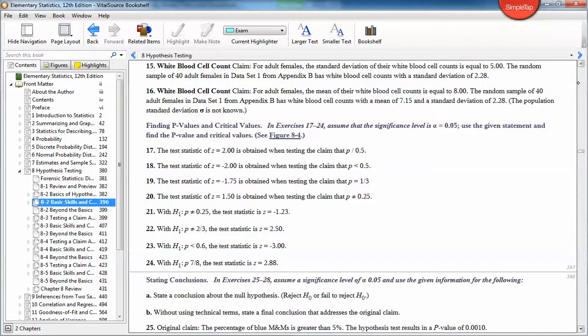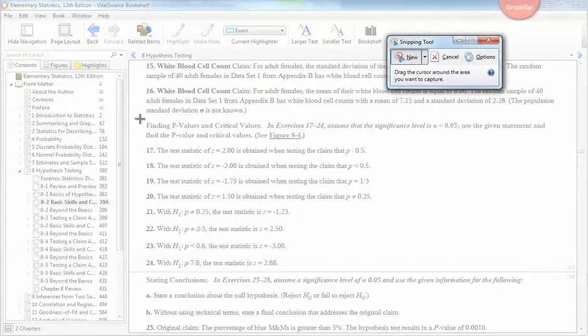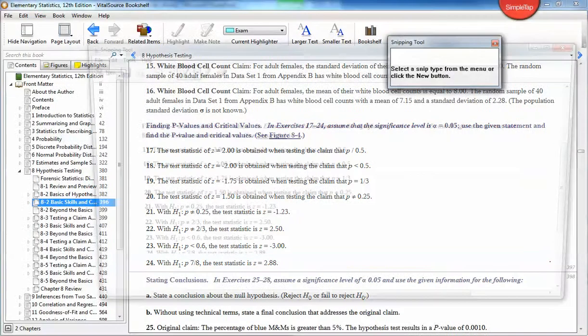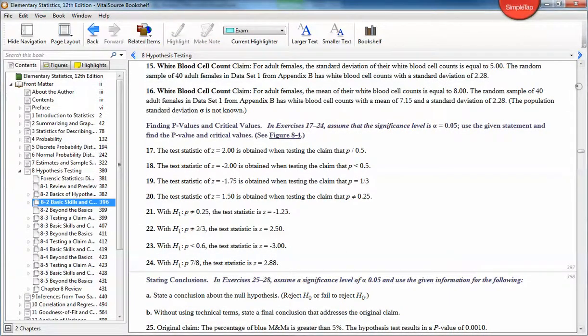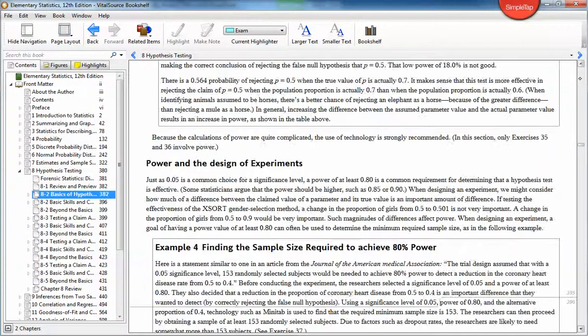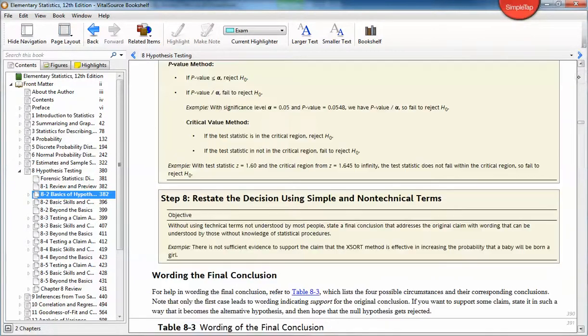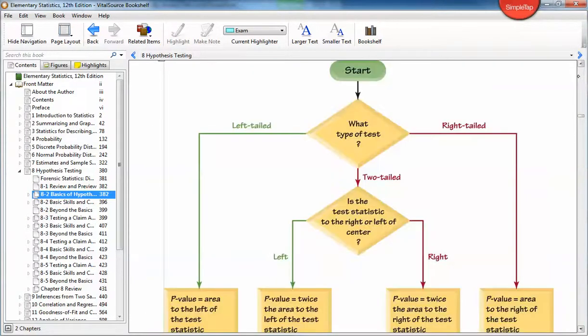For the p-value, what do we need to know? We need to know, is the test left-tailed, right-tailed, or two-tailed? Once we know that, then we can use this figure here to help us calculate the p-value.